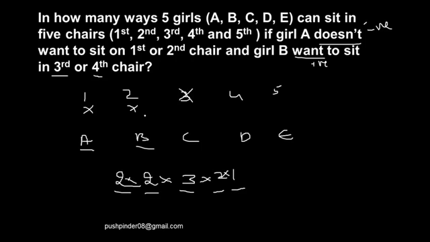Now girl A does not want to sit on the first or second chair, and the third has already been taken. That means there are 2 choices left for girl A. Now there are 3 girls and 3 chairs left, so the answer would be 3 factorial into 4, right? We're going in a structured manner, that's why it must look very simple to you, right?